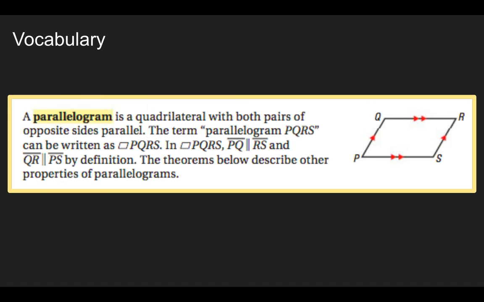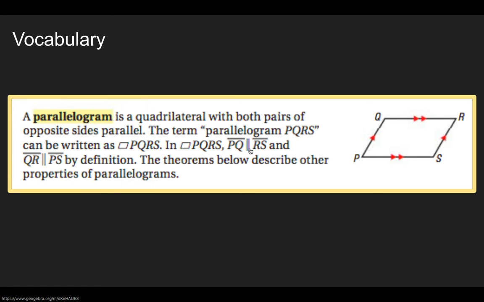The term parallelogram PQRS can be written with a little parallelogram symbol in front of it. In parallelogram PQRS to the right, the side PQ is parallel to RS, and you can see that with these arrows or triangles drawn on the two sides.